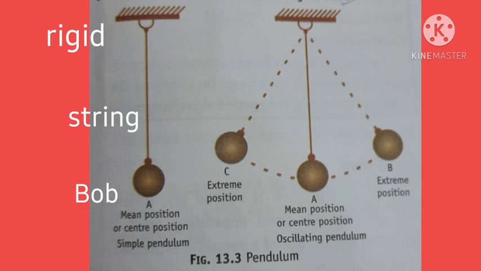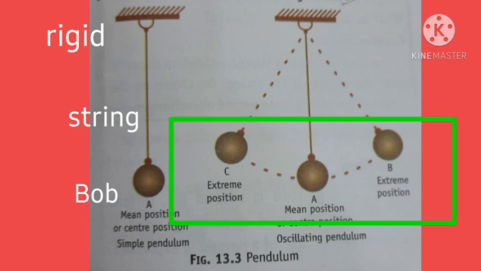The other end of the string is tied to a rigid support. When the pendulum is at rest, it is at its mean position A. When the bob is displaced slightly and released, it begins to move to and fro about its mean position.